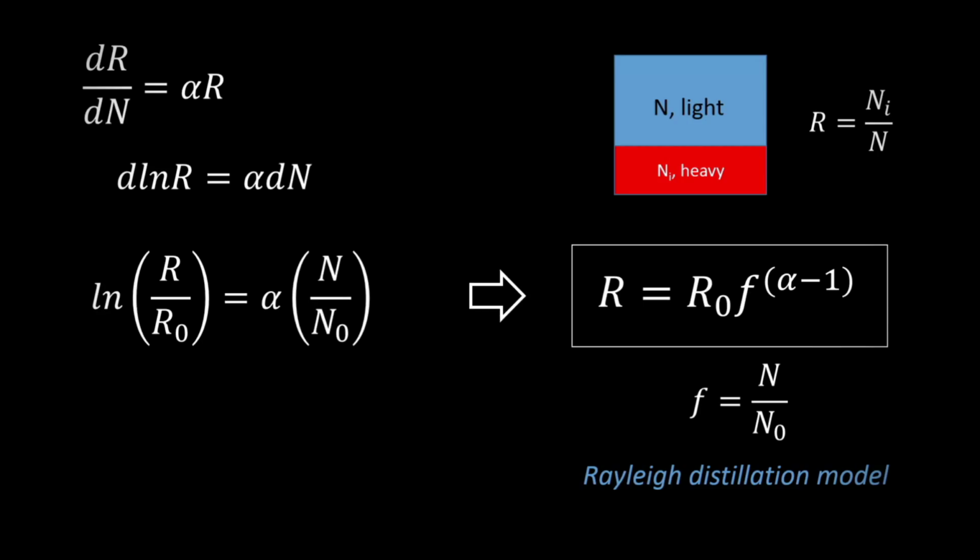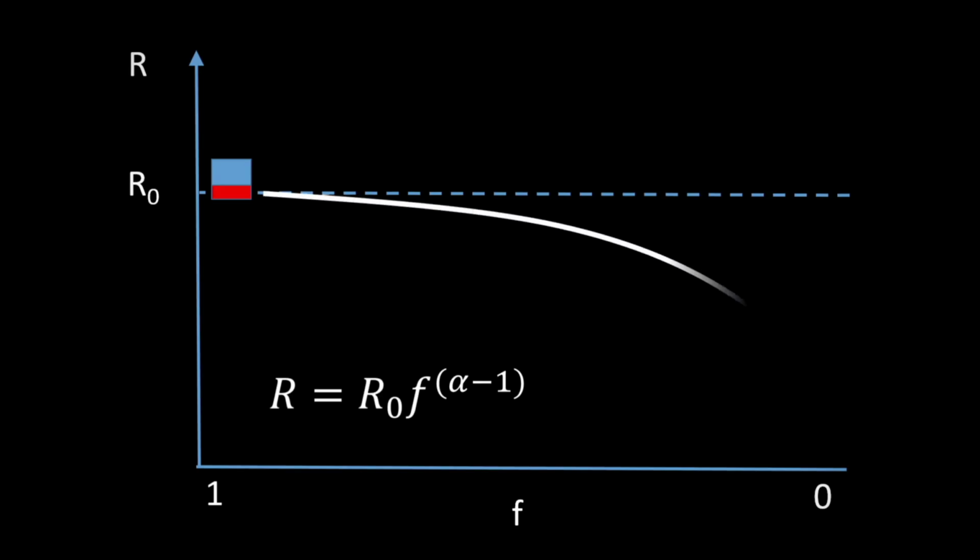So let's have a look at what this relationship looks like. Let's make an analysis of the isotope ratio as a function of the rainout fraction F. Initially, we have our parcel of air with some initial isotope ratio, and we have 100% of the water, so F equals 1. If we have condensation, we have the decrease in the isotope ratio as F approaches 0.